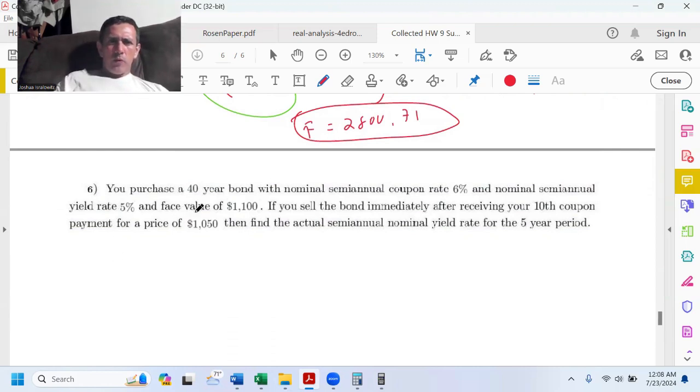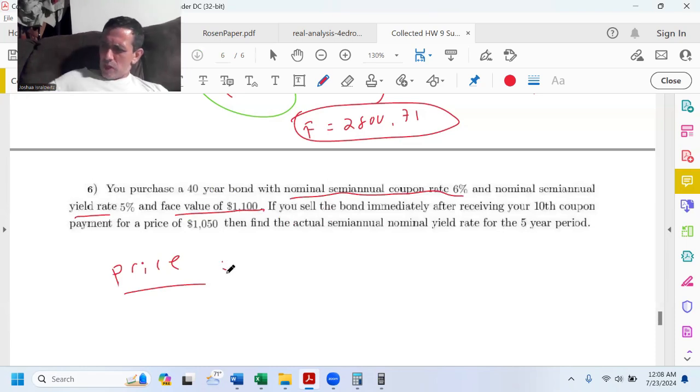So you purchase a 40-year bond, nominal semi-annual coupon rate, I should be more consistent about putting nominal or not, one or the other, with a nominal semi-annual yield rate of 5%, face value 1,100. So let me get the price of this bond, and I can draw my time diagram for the first 5 years.